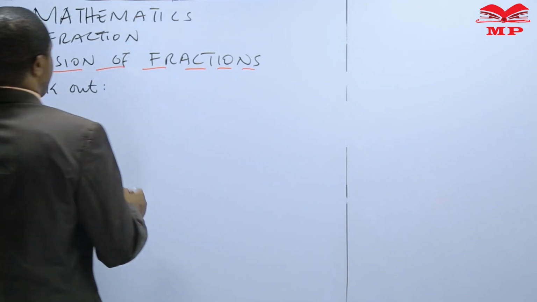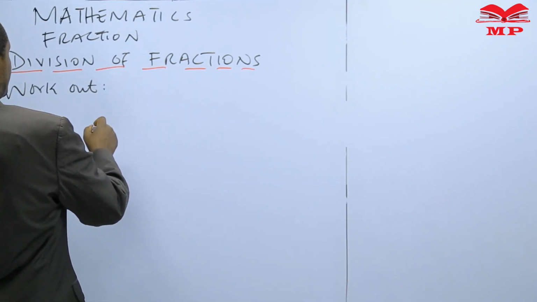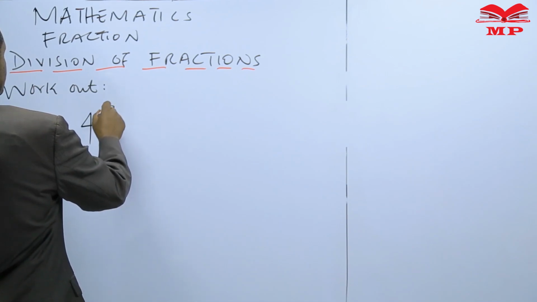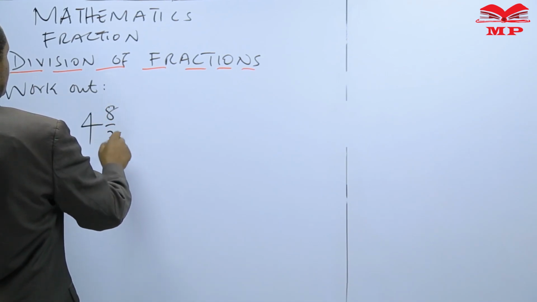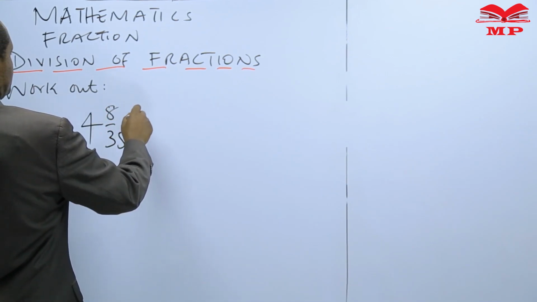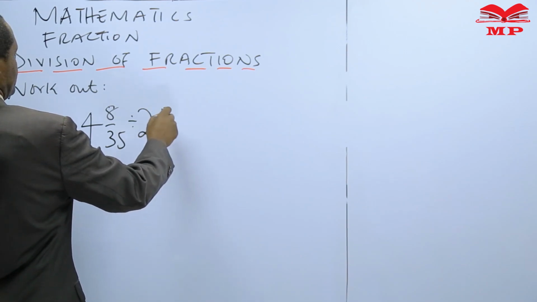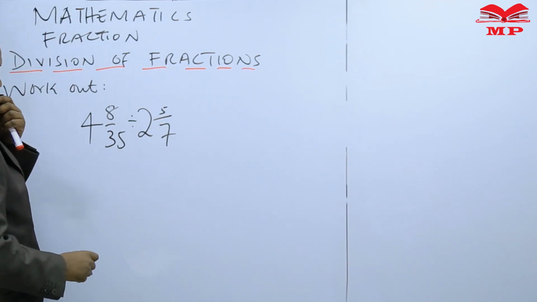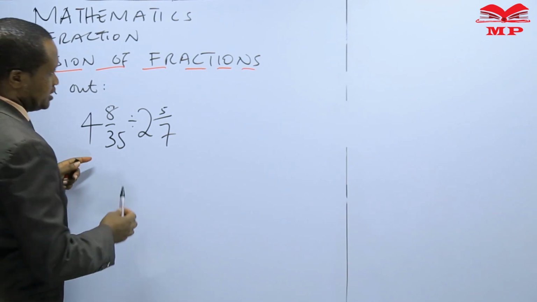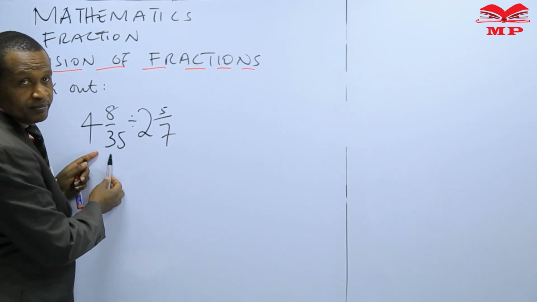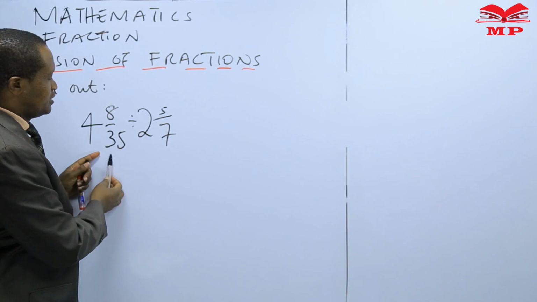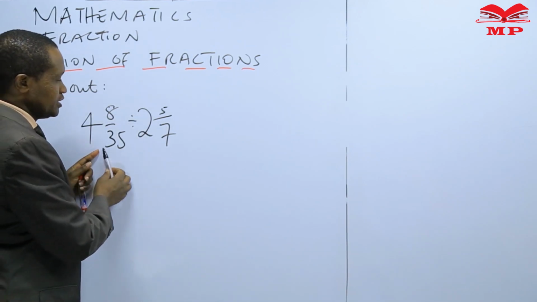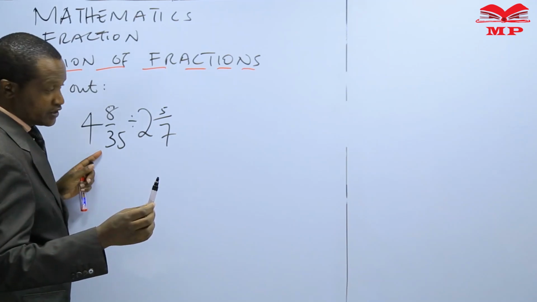Next example, work out 4 8/35 divided by 2 5/7. These are mixed numbers. We said step number 1, convert the mixed numbers to improper fraction.